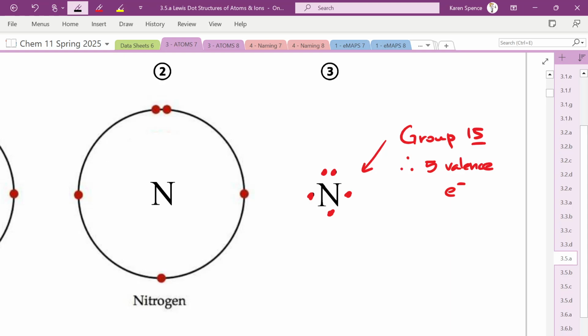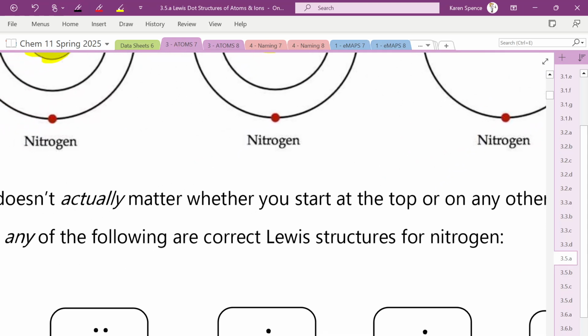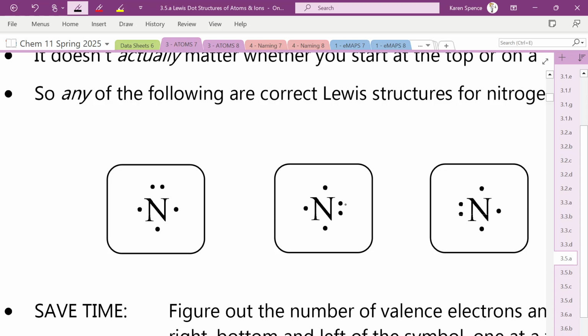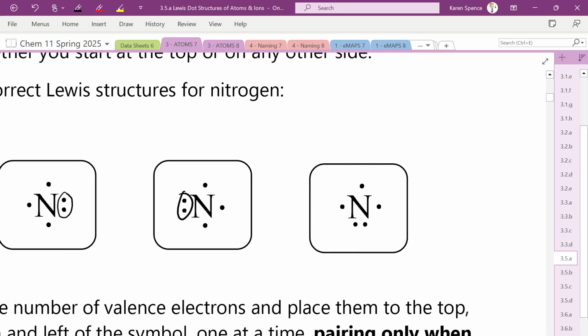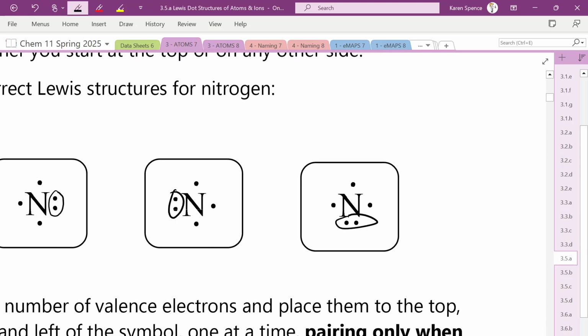It doesn't matter whether the paired electrons are on the top, or we could put the paired electrons on the side and have the 3 singletons on the other side. We could put the paired electrons here or on the bottom. It just doesn't matter. What you're not allowed to do is to say nitrogen 1, 2, 3, 4, 5. What's wrong with that?